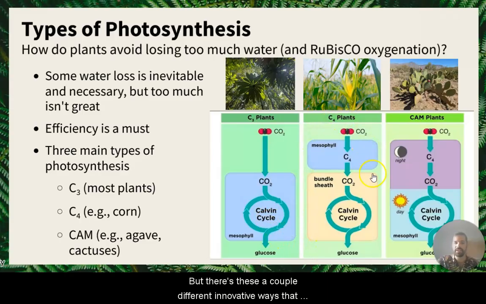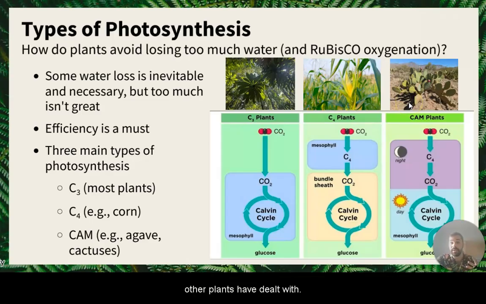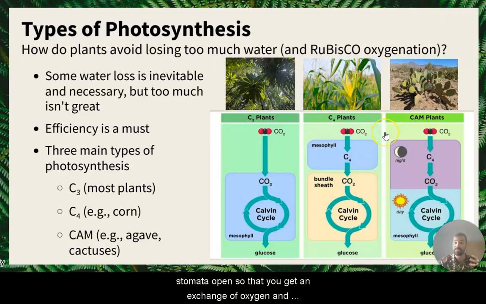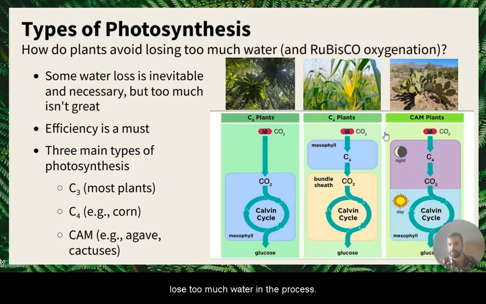But there's a couple of different innovative ways that other plants have dealt with living in hotter and drier environments where you would otherwise lose too much water. If you need to keep your stomata open so that you get an exchange of oxygen and CO2, but you also don't want to lose too much water in the process.